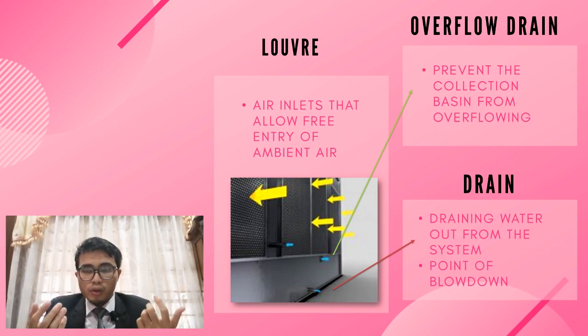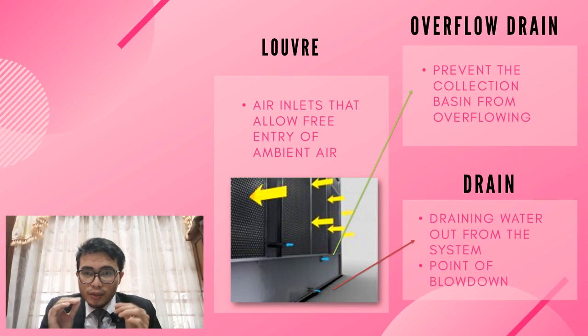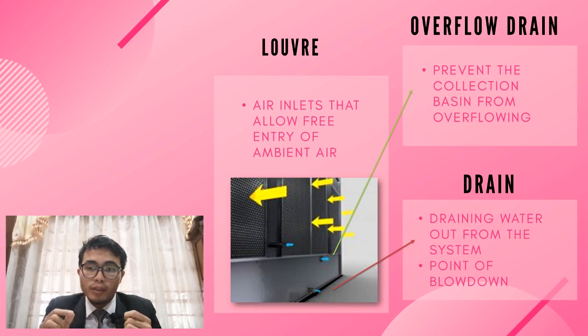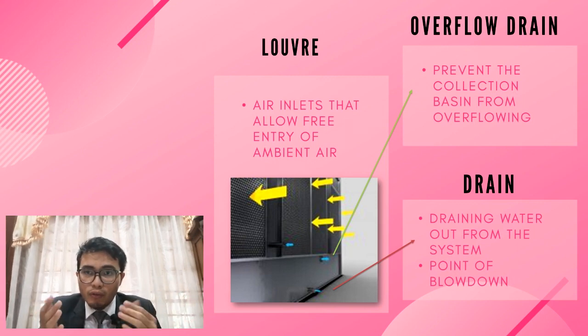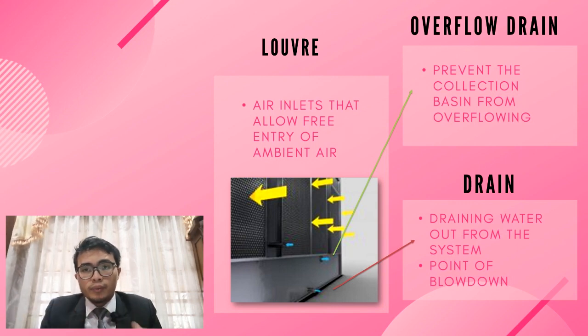We also have the drain, which is used to drain water out from the cooling tower. It is also a point of blowdown that helps the engineer control the concentration of the liquid, or remove some of the sedimentation.